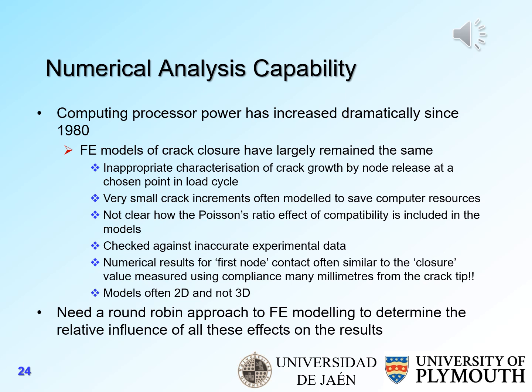Equally, the models are often 2D and not 3D, and in my view it would be very helpful to have a round-robin approach to FE modeling to determine the relative influence of all these effects on the results.